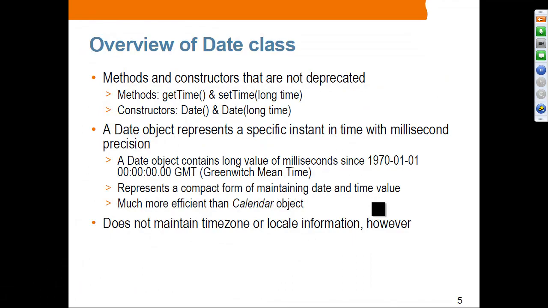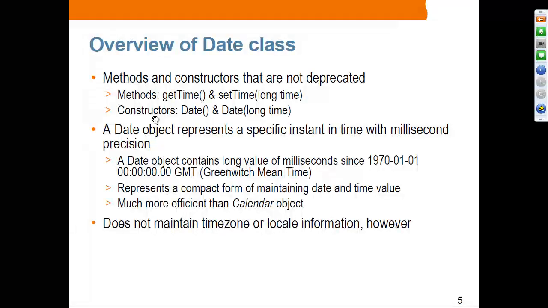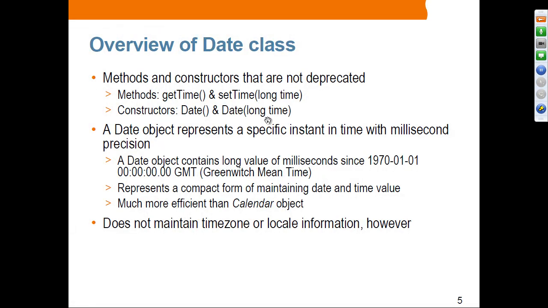So, an overview of the date class: methods and constructors that are not deprecated. The getTime and setTime methods are still there, and the constructors Date and Date(long time) are still there. So what is a date object, meaning an object from the date class?